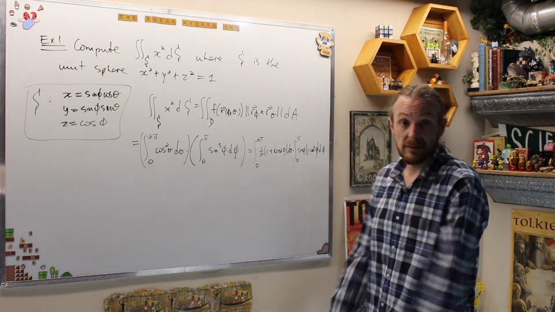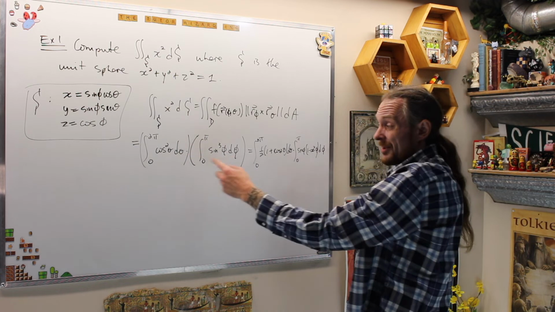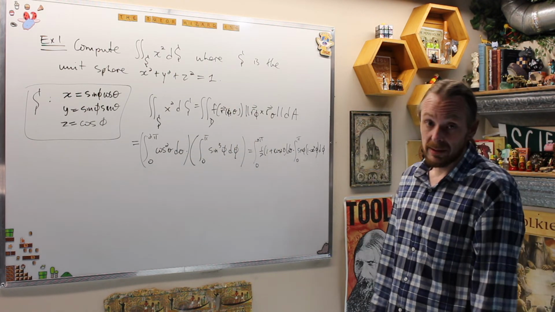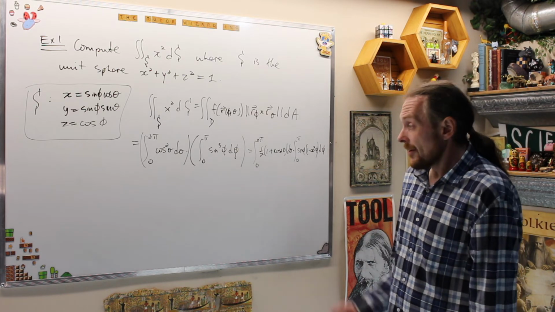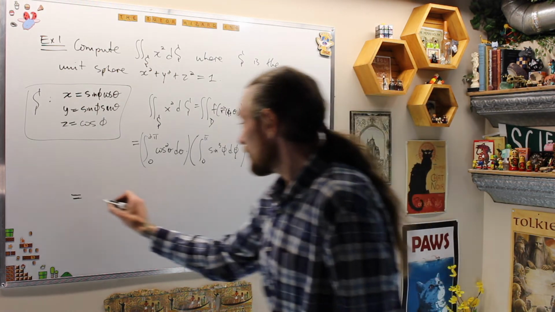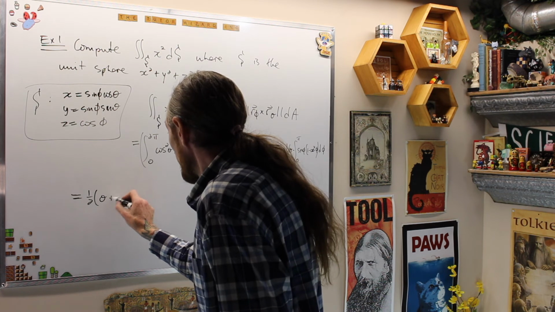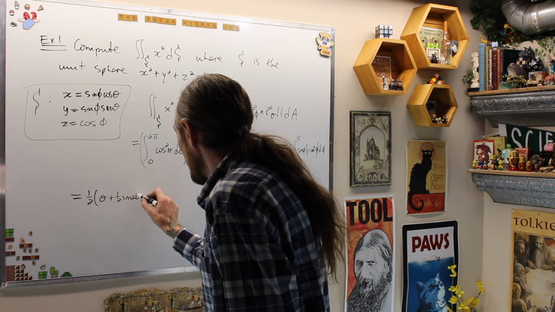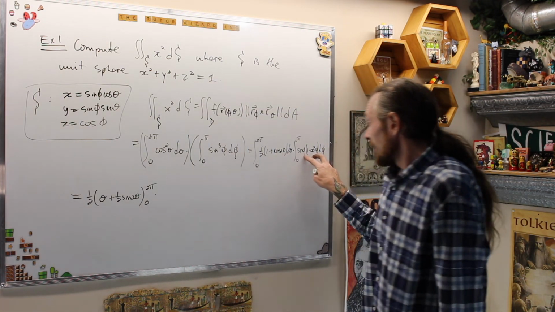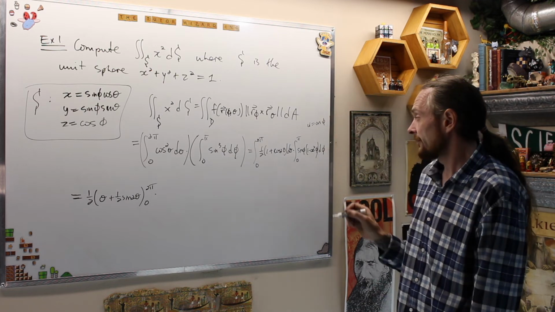These are trigonometric integrals, and this is case 4, which says we only have even powers of sine and cosine, and this is case 1 where I have an even power of sine and no cosines, or an even power of cos. What does that give me? That gives me 1/2 theta plus 1/4 sine 2 theta evaluated from 0 to 2 pi times, using substitution, I'm going to use w equals cos phi.